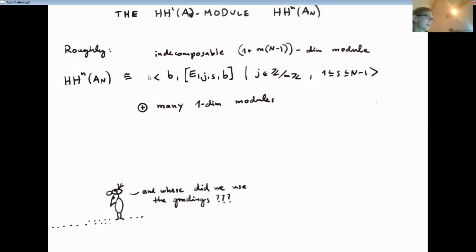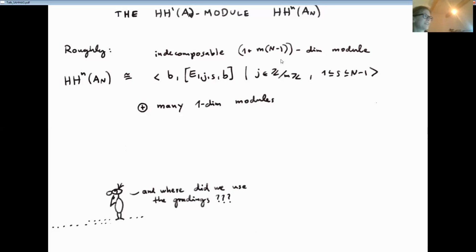And apart from this one big indecomposable module, there will be just lots of one-dimensional modules. So everything else decomposes into just one-dimensional modules. A quite interesting structure, that we find this one big guy in each cohomological degree.